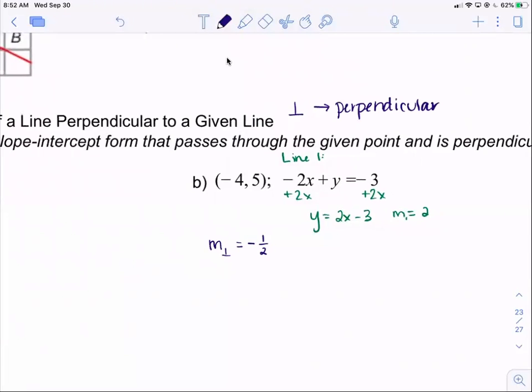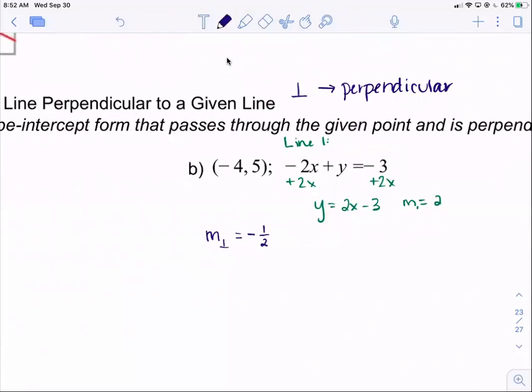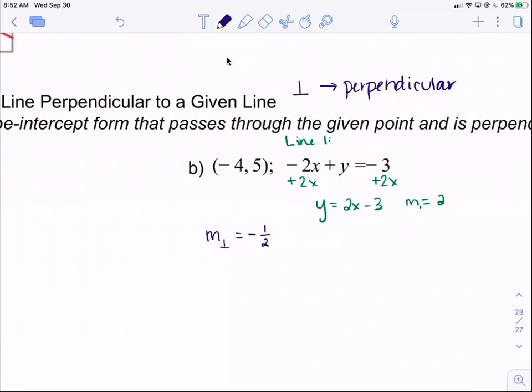All right, so now we want to write our equation in slope-intercept form. So let's practice point-slope form. We have y - y1 = m(x - x1). And remember, we have our point (-4, 5), which is our (x1, y1).